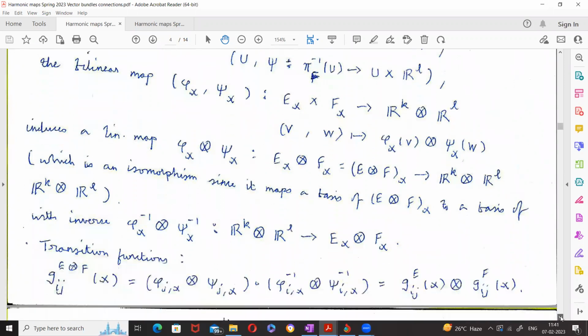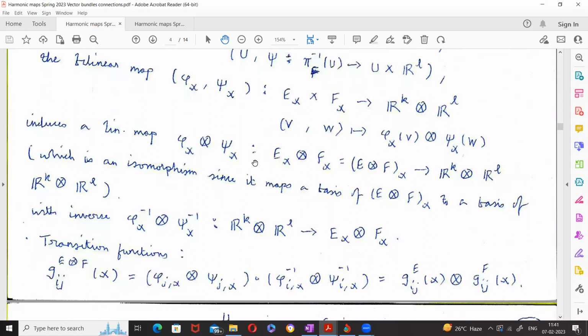As x ranges over U, we get charts which map into U cross R^k tensor R^l. So as before, we can use these to define charts on the tensor product E tensor F, which is the disjoint union of the fibers Ex tensor Fx.